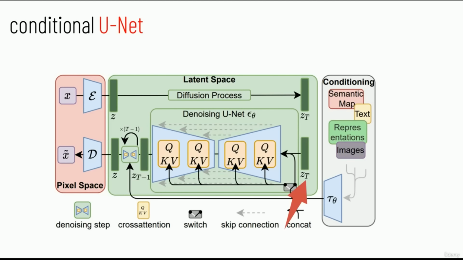Now what we will do is use our stable diffusion model to remove the noise from this Z capital T gradually in a reverse diffusion process to get Z, which is the compressed representation of our input image, our clear image.